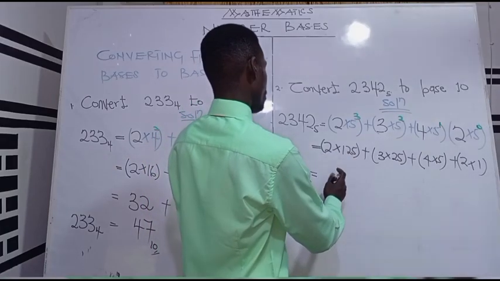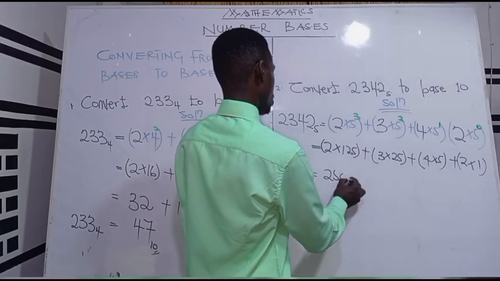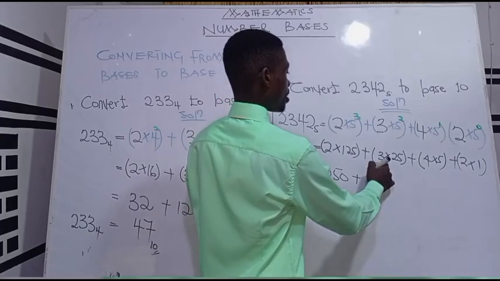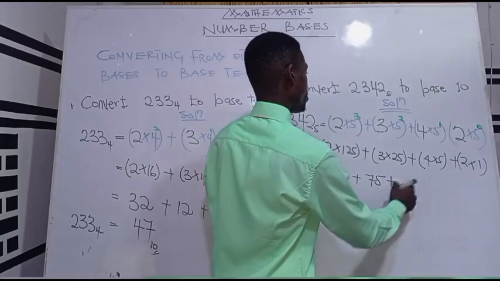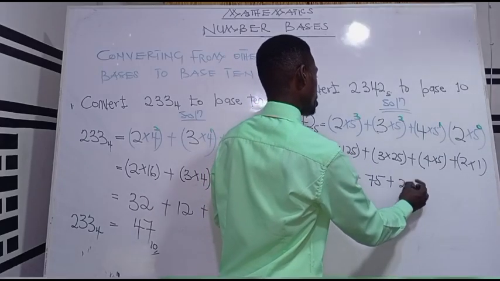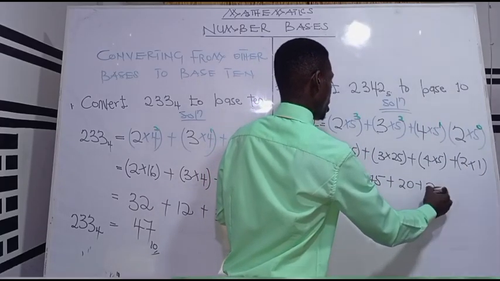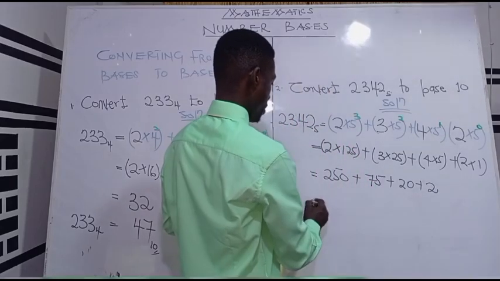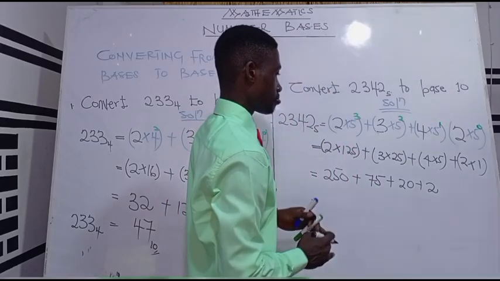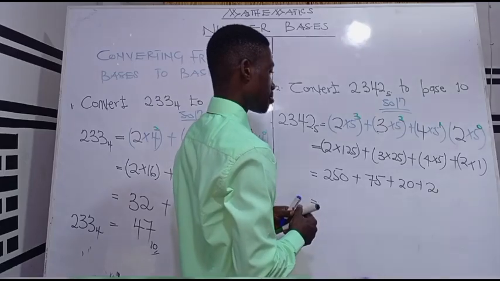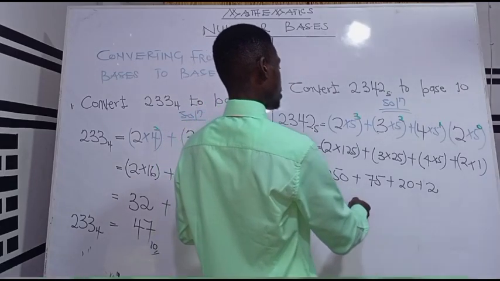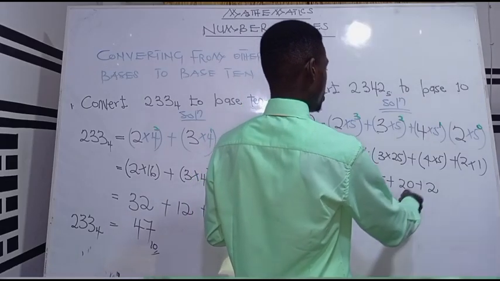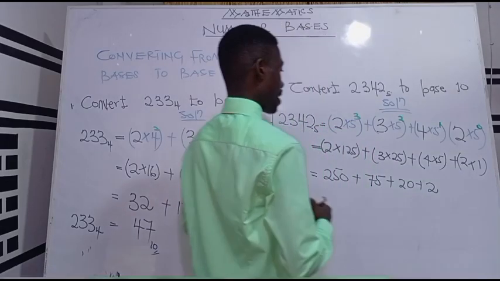So 2 times 125 will give us 250. 3 times 25 will give us 75. 4 times 5 will give us 20. 2 times 1 will give us 2. So the rest is just addition. So we have 250 plus 75 plus 20 plus 2.